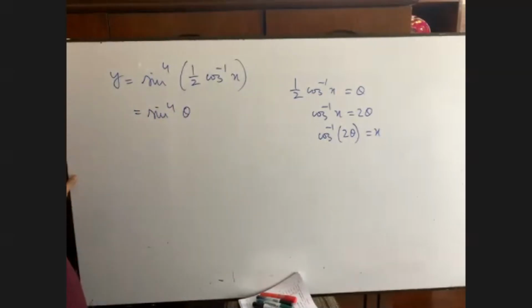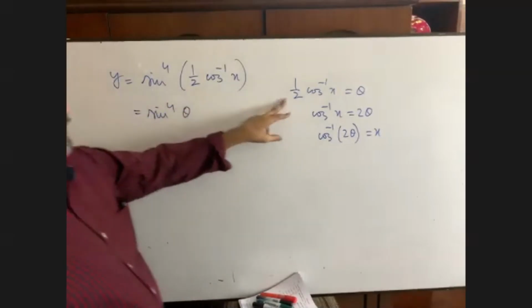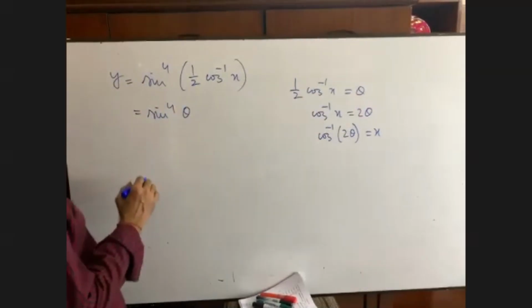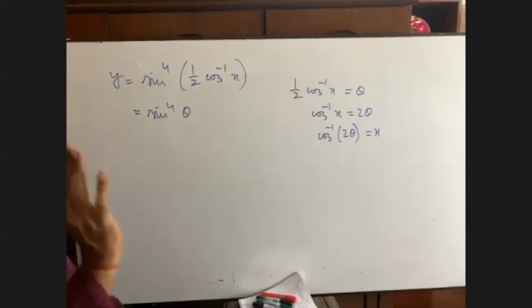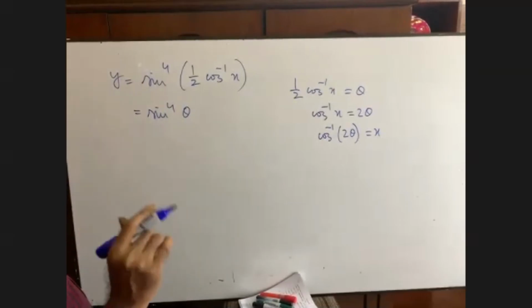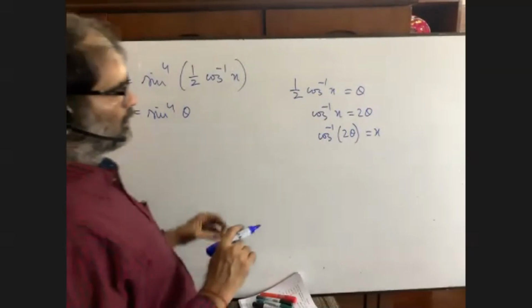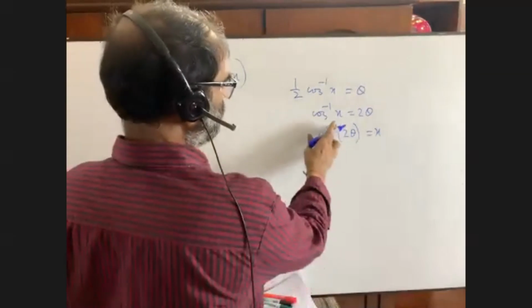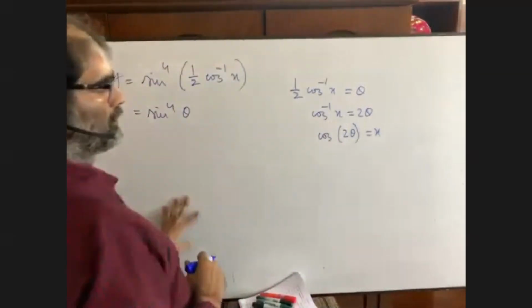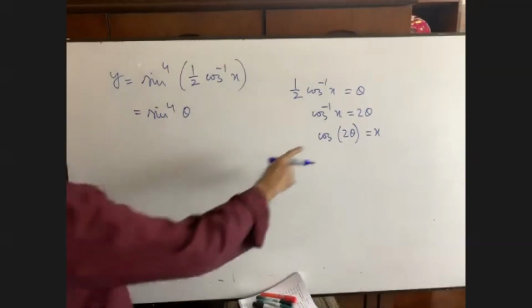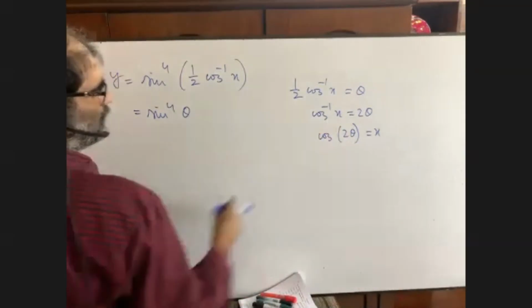Half cos inverse x equals theta. Student: Sir, wouldn't the inverse go away? Oh, I am wrong here. I'm sorry. It is cos 2 theta equals x. Is it okay now? Yes sir. I'm wrong here, please. Cos 2 theta equals x.